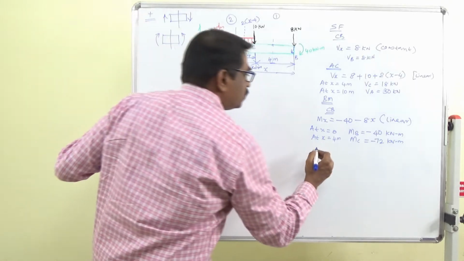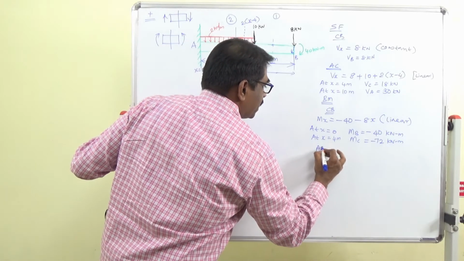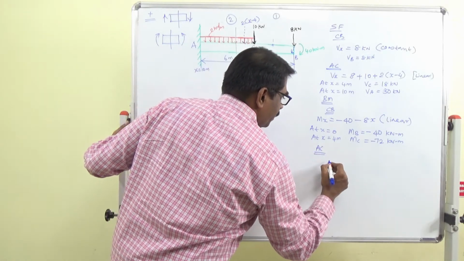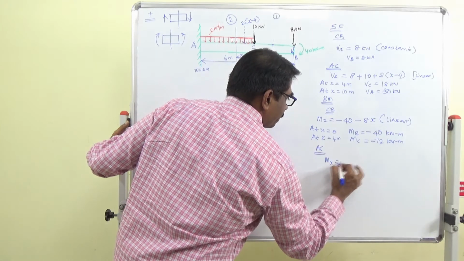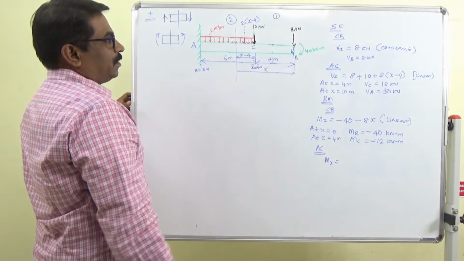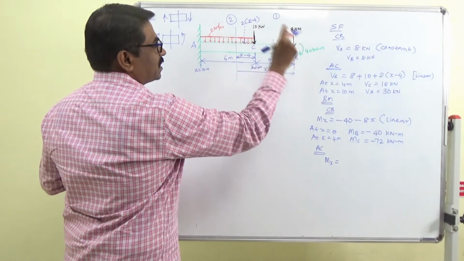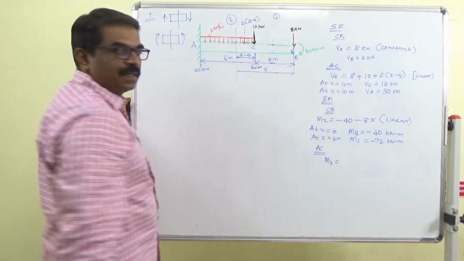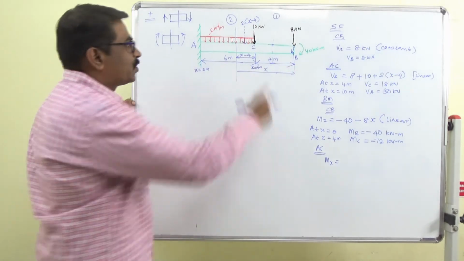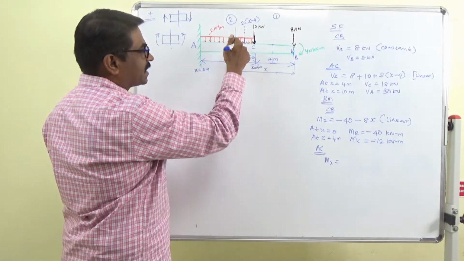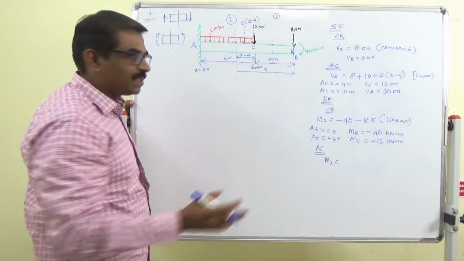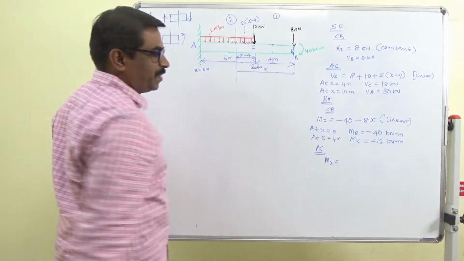Now the bending moment diagram, AC, Mx. Right, 3 forces and 1 moment are there. So these 3 forces about this section will produce moments, and the couple has to be added.